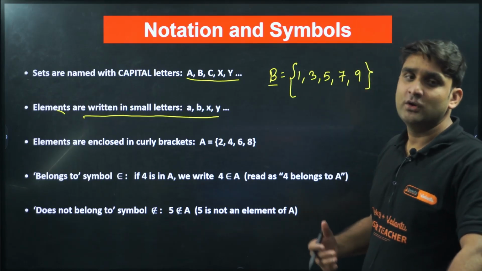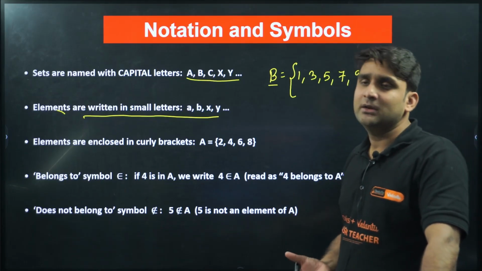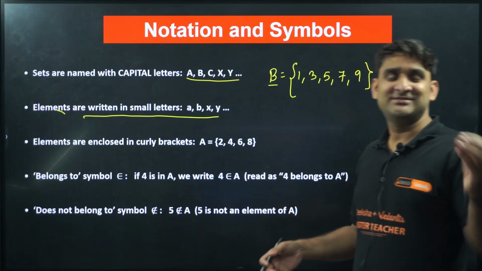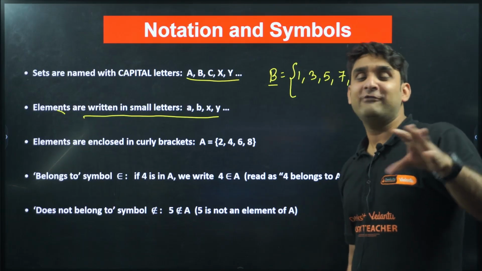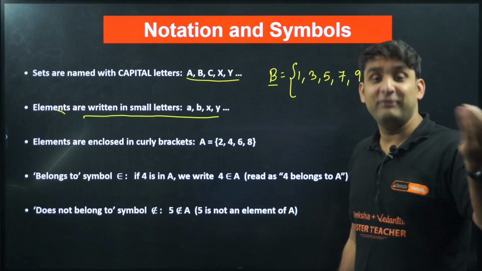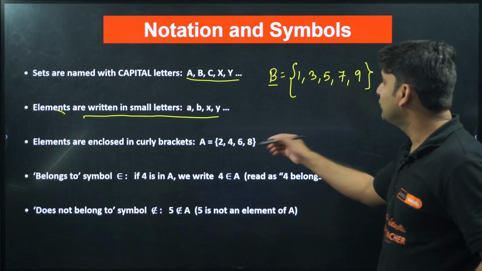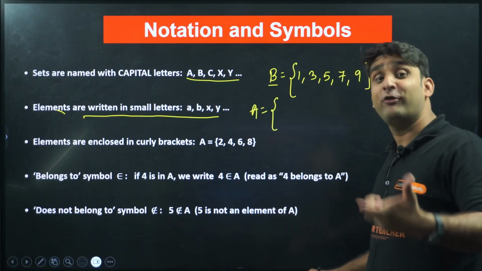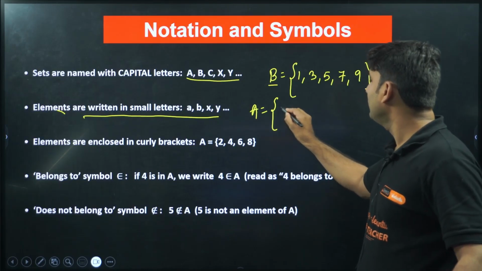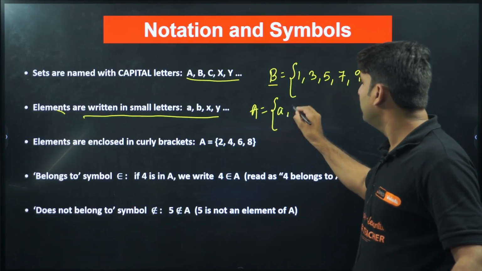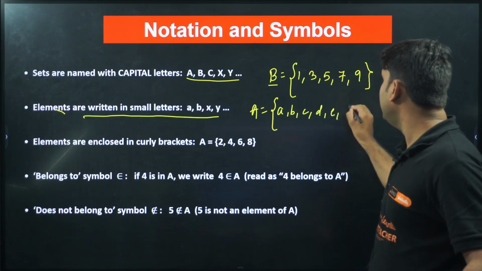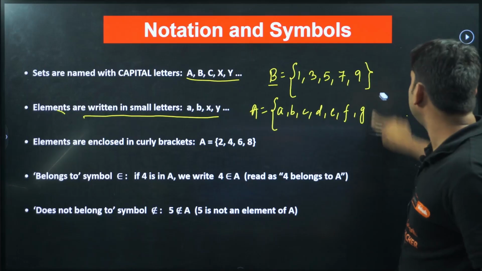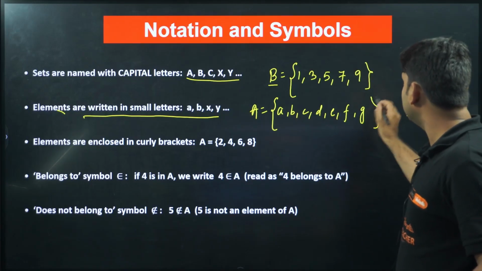For example, if I ask you for a set containing all the alphabetical letters before H, you can name the set A. So a, b, c, d, e, f and g, because I've asked for letters before H. Before H, up to G will come, from a to g, inside the curly braces.